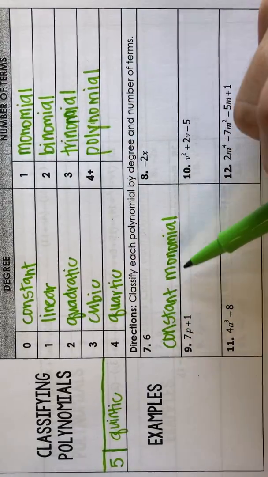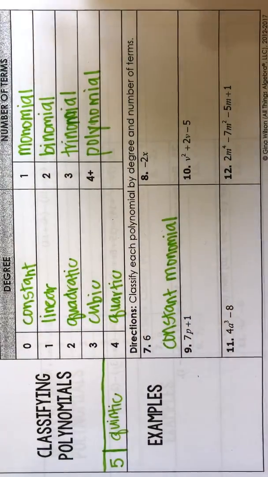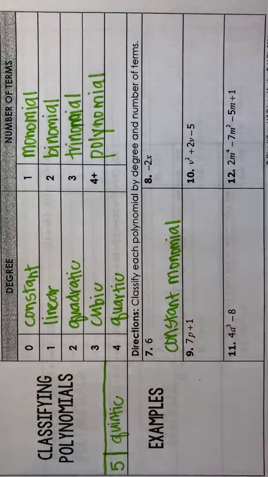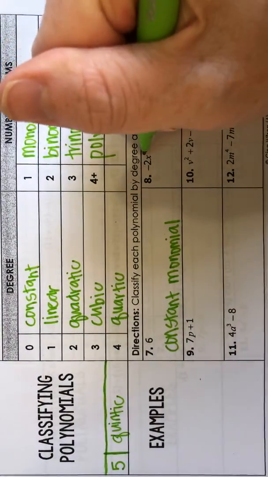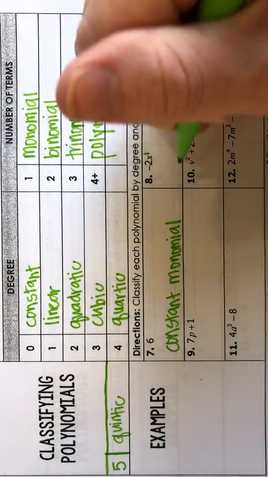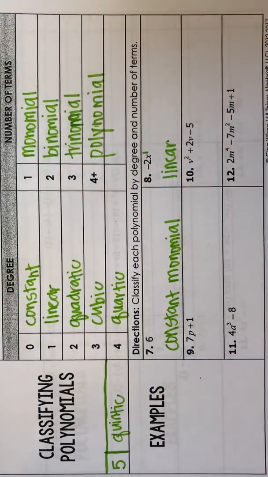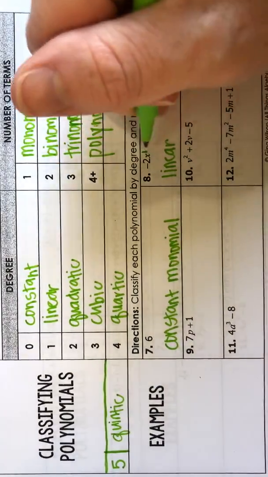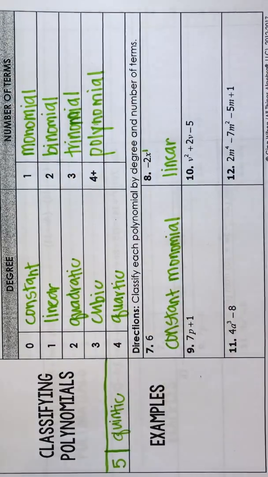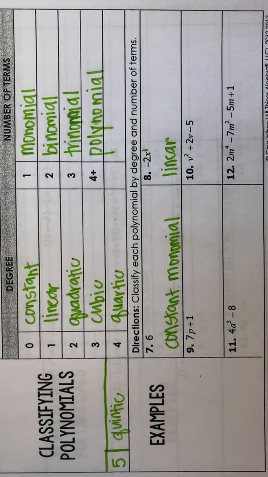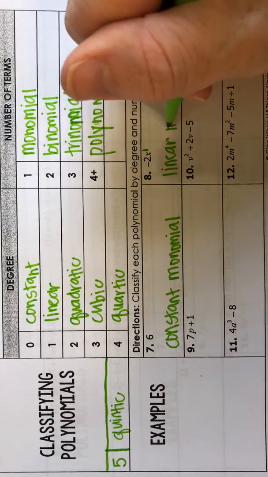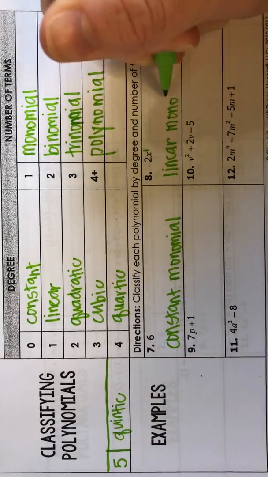It is a constant monomial. All right, for number 8, my highest power is 1, so that makes this linear. And then I only have one piece. I know there's 2 different things going on right there, but they're together. Okay, so this again is a monomial.